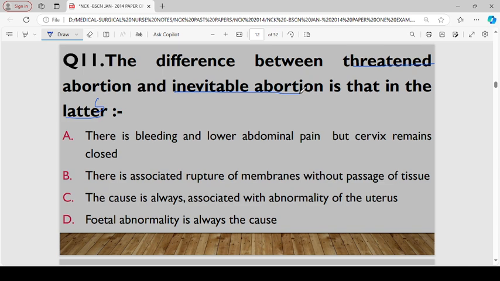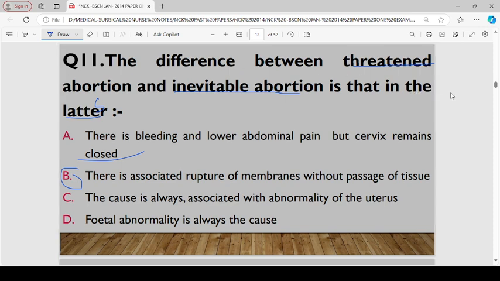Looking at this, there is bleeding and lower abdominal pain, but cervix remains closed. Threatened, inevitable, this may not be. There is associated rupture of membranes without passage. Yeah, inevitable. Membranes are ruptured without the passage of the tissues, right? That is the best option there.